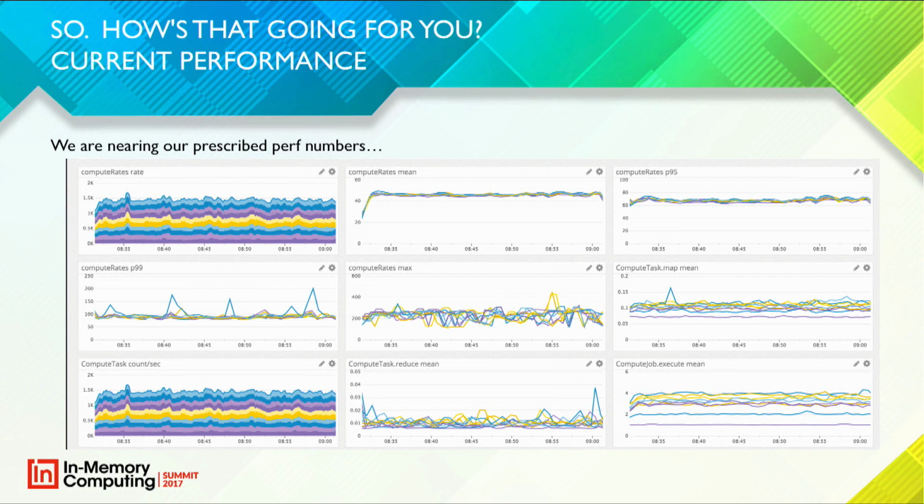Today we're sitting at a P95 of about 70 milliseconds. So we have a ways to go, but we're running on M4 4XLs right now, and we're pretty convinced that when we move to R4 4XLs, we're going to get significant improvement in that number. My bet is it will, but we'll see.